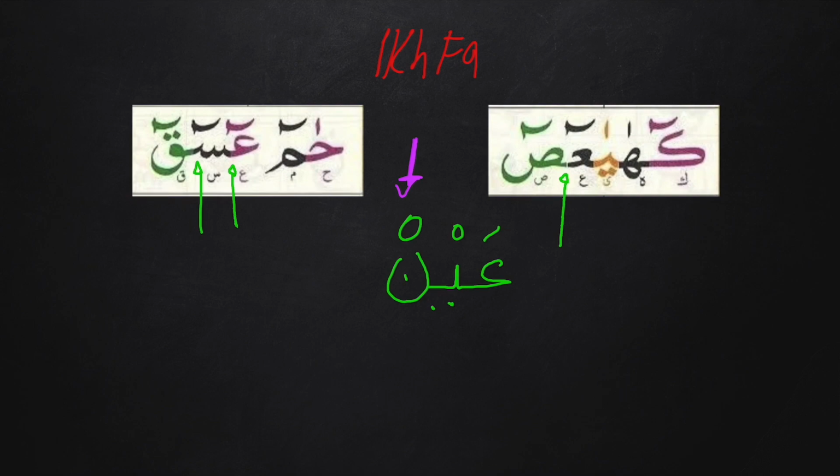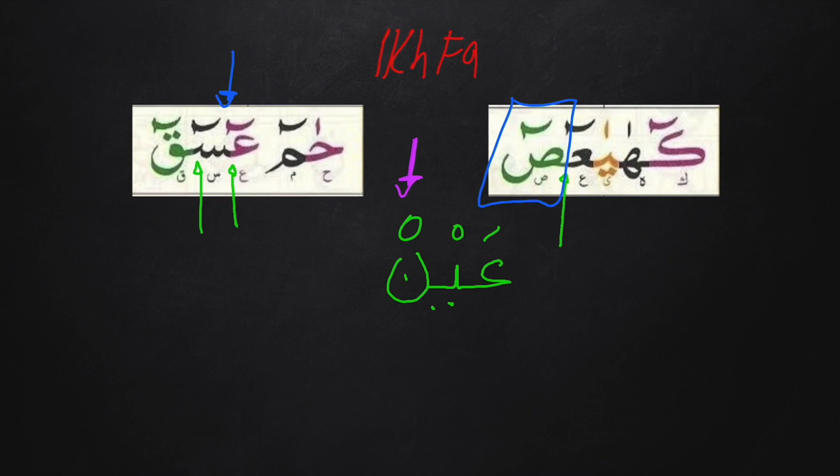So now let's look at this noon sakina that's at the end of Ain. We have noon sakina and then it's followed by Sad. And you should remember that Sad is one of the letters of ikhfa. Likewise here we have Ain followed by a Sin, and Sin is a letter of ikhfa.